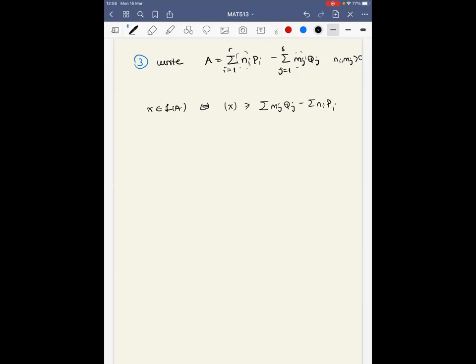And by the first remark, if we check the valuations at the q_j's, we see that the valuation of x at each q_j is bigger than or equal to m_j. And since this is strictly positive, we can conclude that x must have zeros at each q_j of order at least m_j.